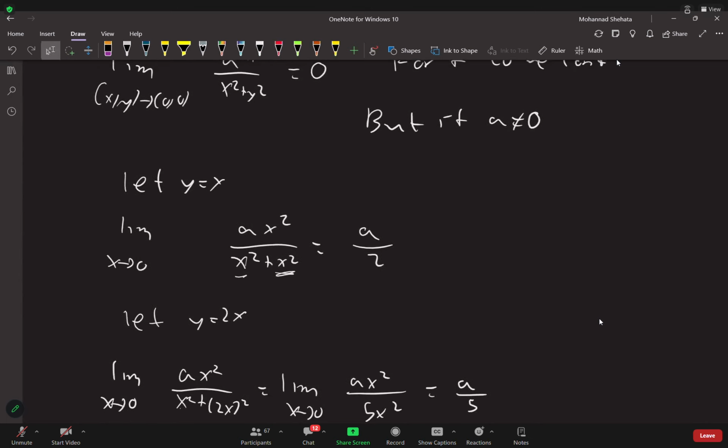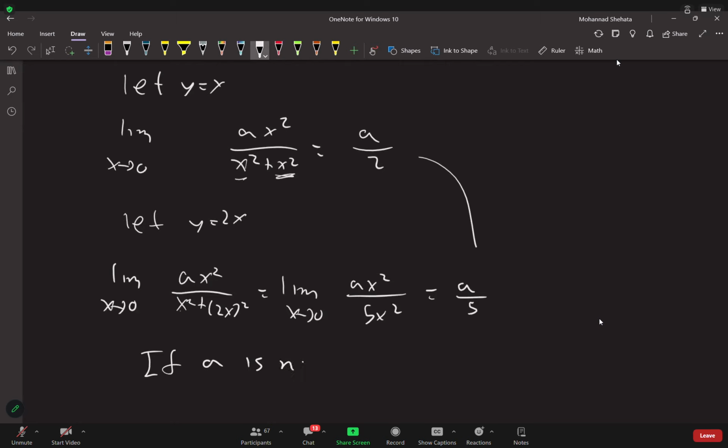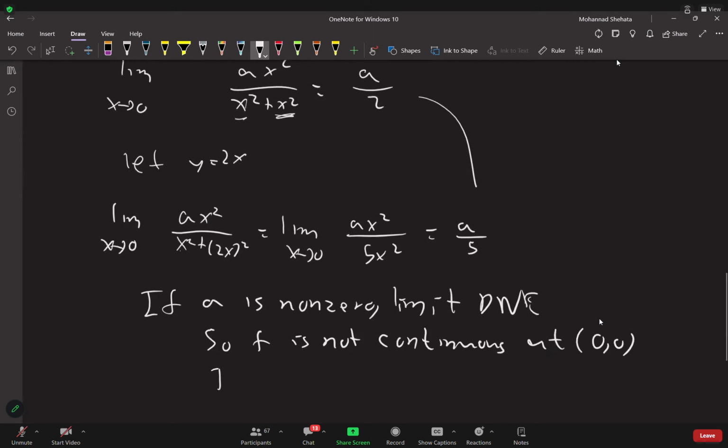Whenever a is non-zero, are these two the same? No. So if a is non-zero, the limit does not exist. So f is not continuous at (0, 0). Thus, a has to be 0.